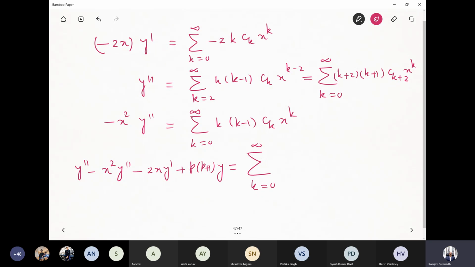So I get (k+2)(k+1)c_{k+2}, minus x squared times y double prime, which gives minus k(k-1)c_k, and minus 2xy prime, so we take 2xy prime, which is minus 2k c_k, plus p(p+1) c_k, the whole thing multiplied by x power k.